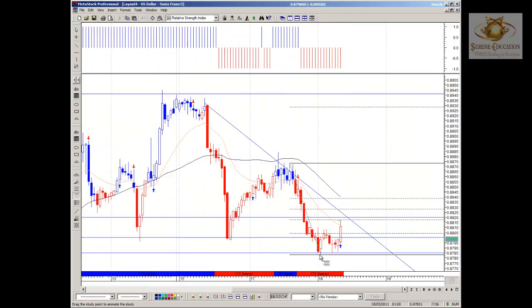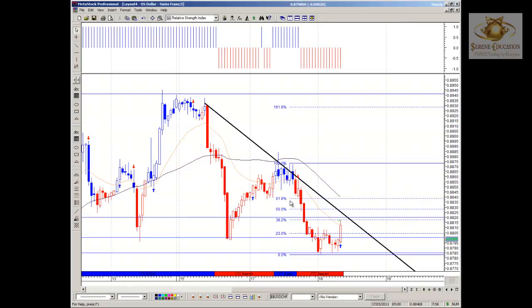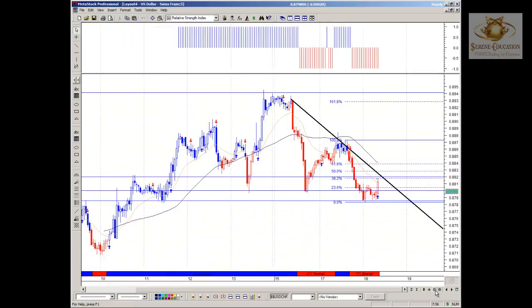And funny enough, at the 38.2% fib area, failure to break that trend line would see this as just a consolidation on a downtrend extension. So we need to close lower than 0.87850 to see opportunities further to the downside. And our first port of call, if it broke this level here, would be the 0.8710 mark.